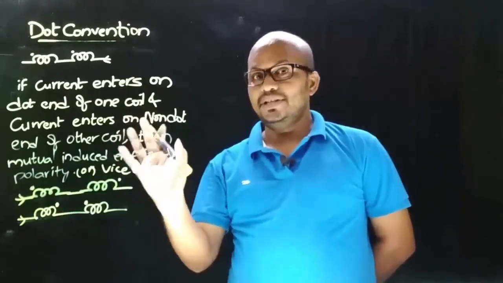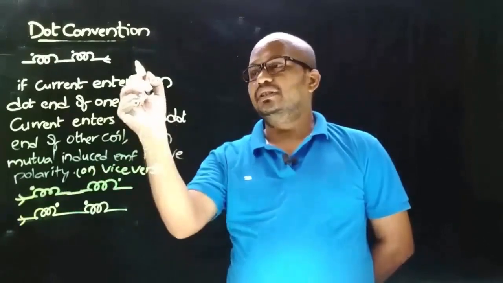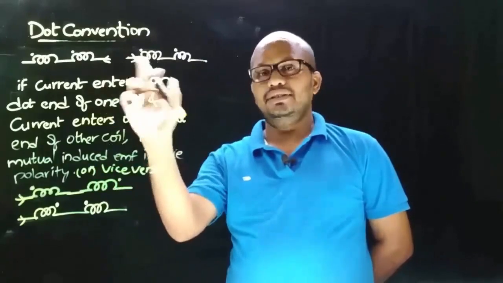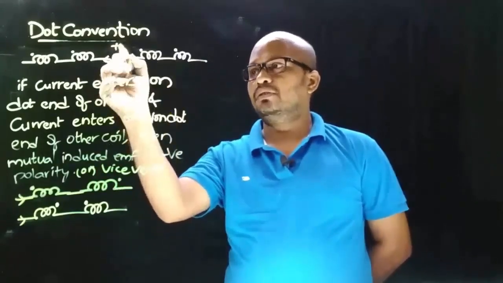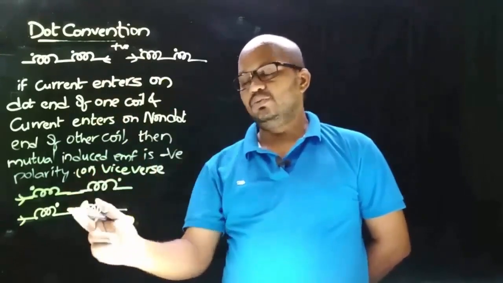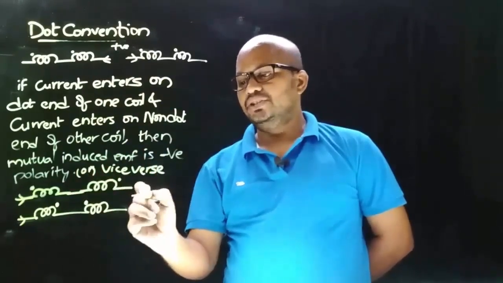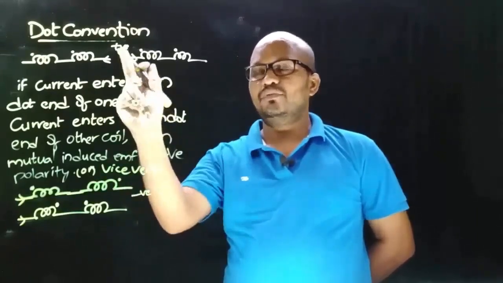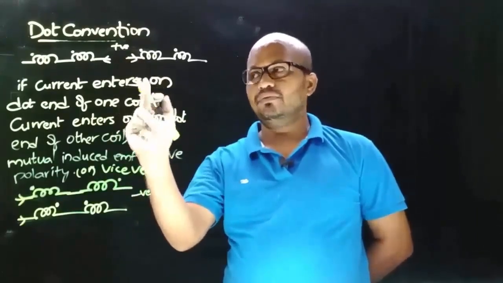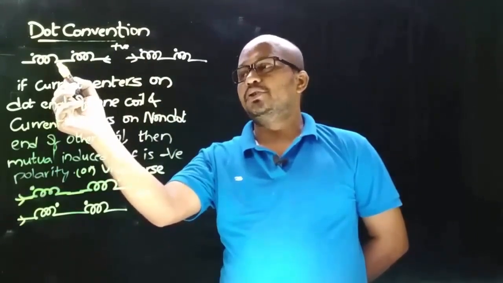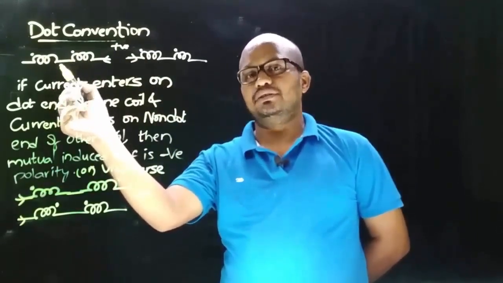If these statements are confusing, then there is a simple way to remember this. So these are the cases for positive mutual induced EMF, and these two are the cases of negative mutual induced EMF. And observe that in the case of positive mutual induced EMF, the two coil ends, non-dot end and dot end, are connected.